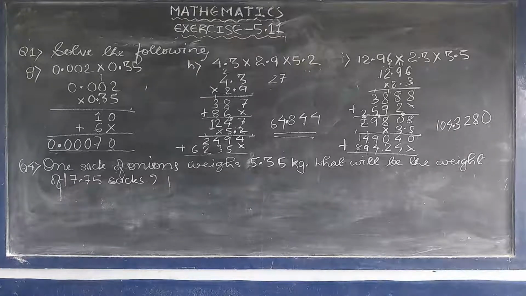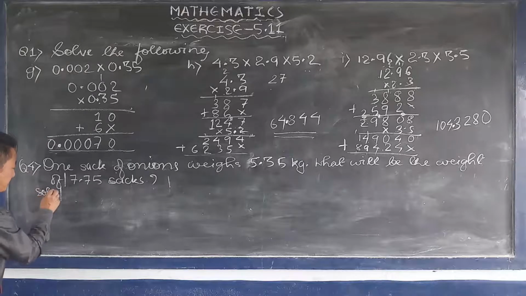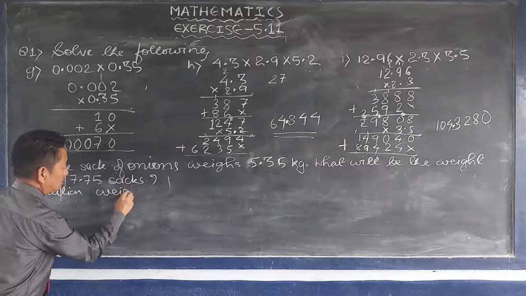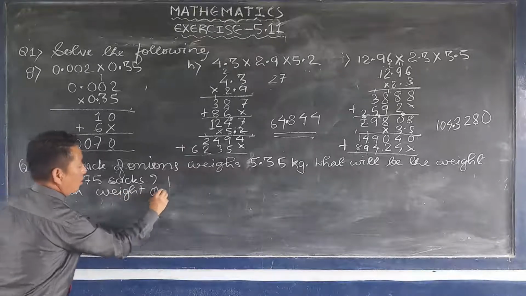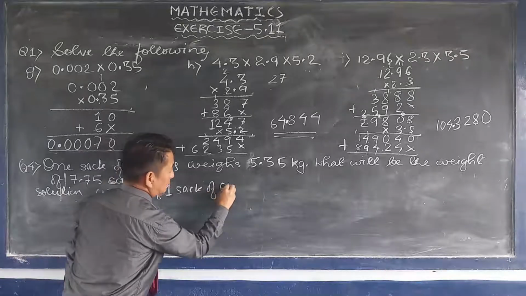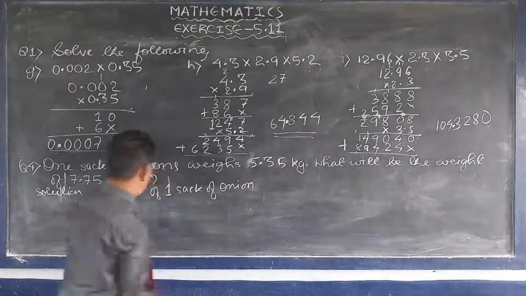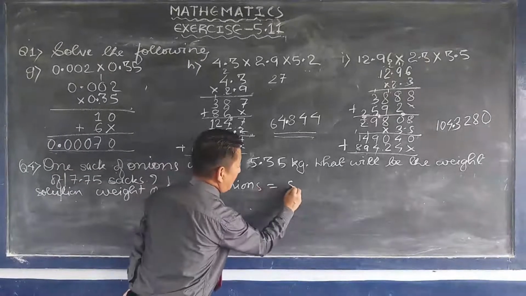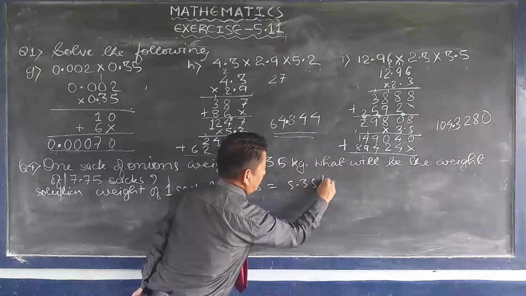Now here next word problem. One sack of onion weighs 5.35 kg. What will be the weight of 7.75 sacks? Here solution. Weight of one sack of onions is equal to 5.35 kg.